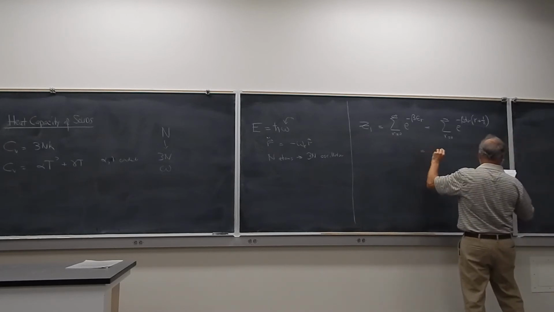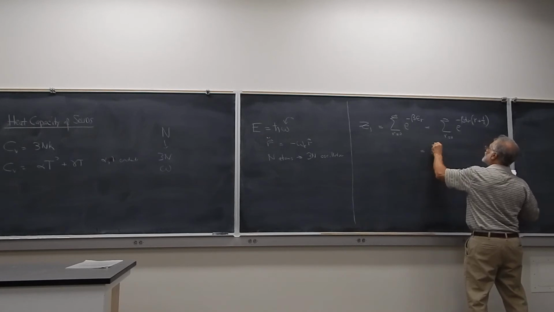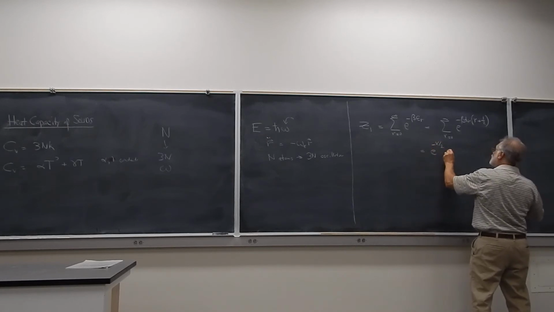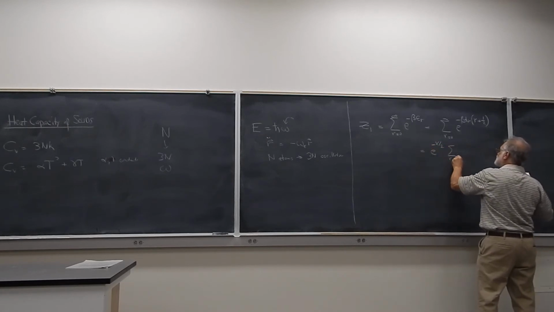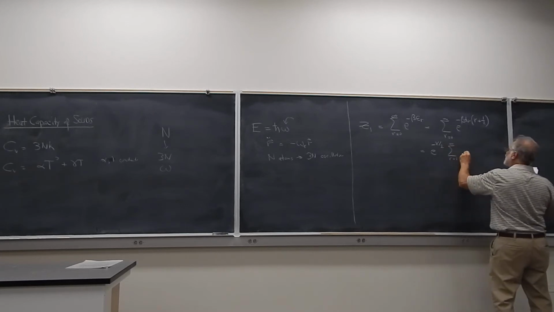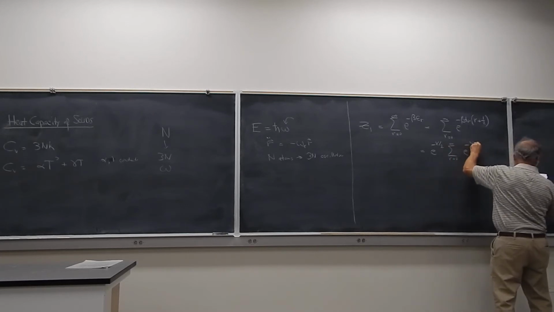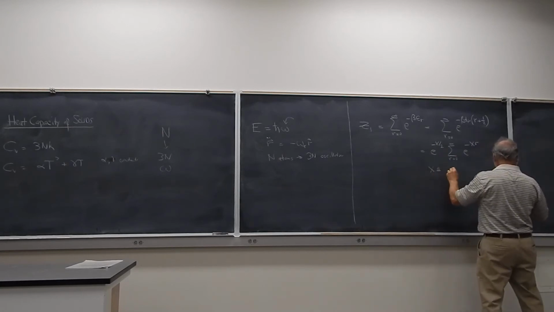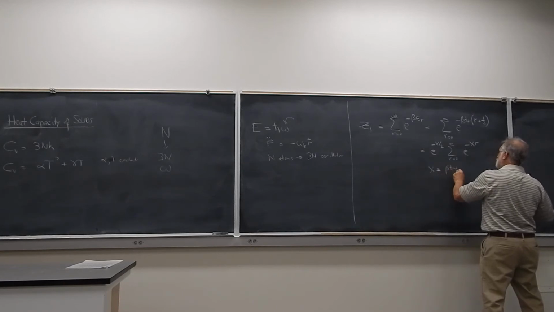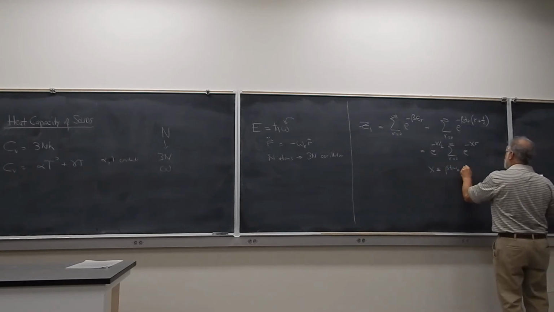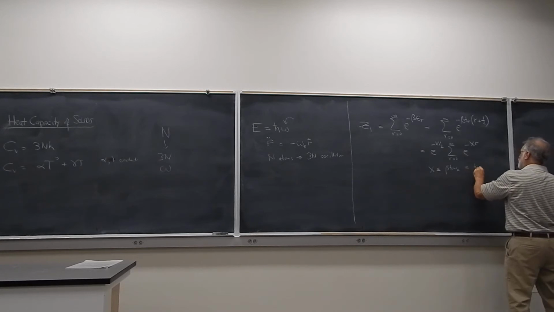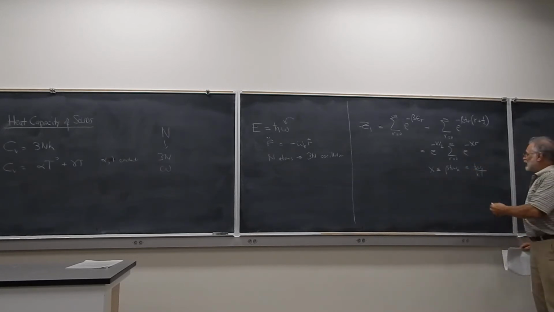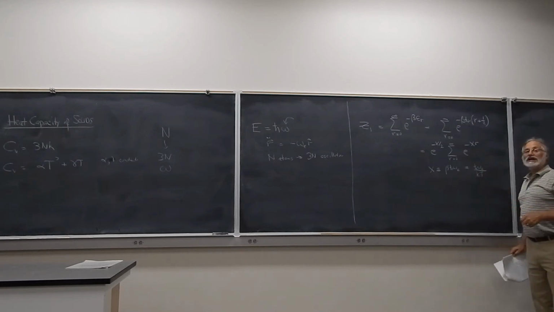I'm going to do a little substituting here. I'm going to write this as e to the minus x over 2, the sum over r equals 0 to infinity of e to the minus x times r, where I'm defining x as beta h bar omega sub E, or if you like, h bar omega sub E over kT. This is the familiar ratio of the vibrational energy to the thermal energy.